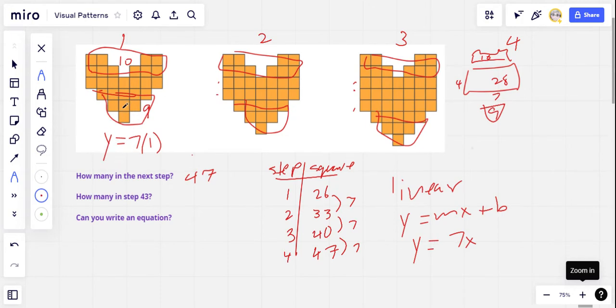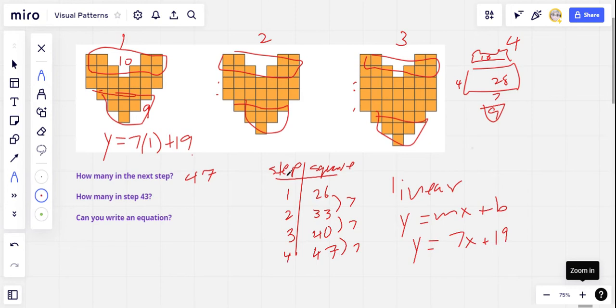We've got way more than 7 here. We've got this 9 and this 10 in addition to these 7 in that middle row. So it looks like we have to add 19. So y equals 7 times 1 plus 19. That would be 7 plus 19, which is 26. So that works for step 1. So I think our equation is y equals 7x plus 19.